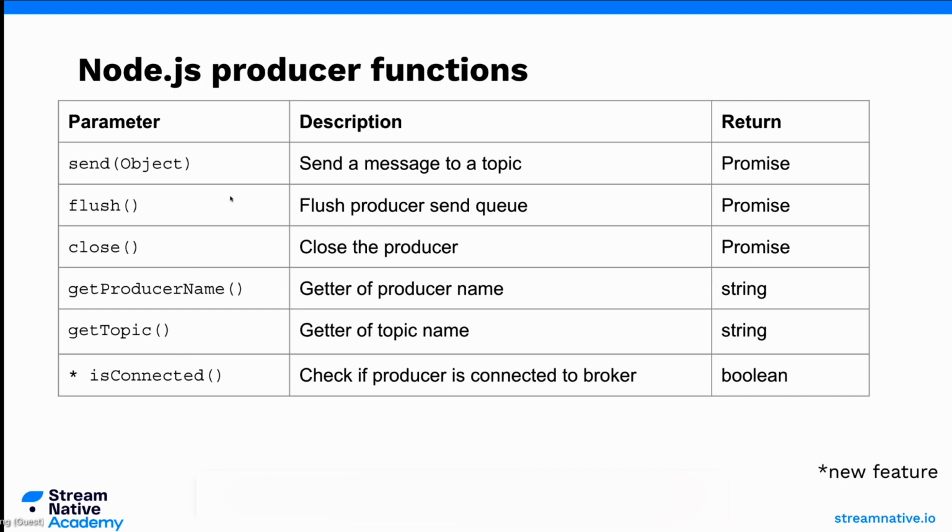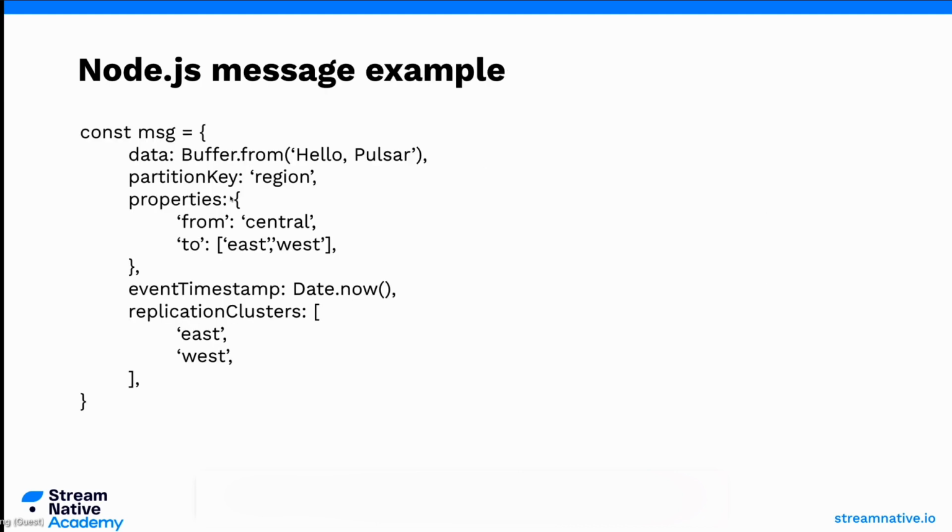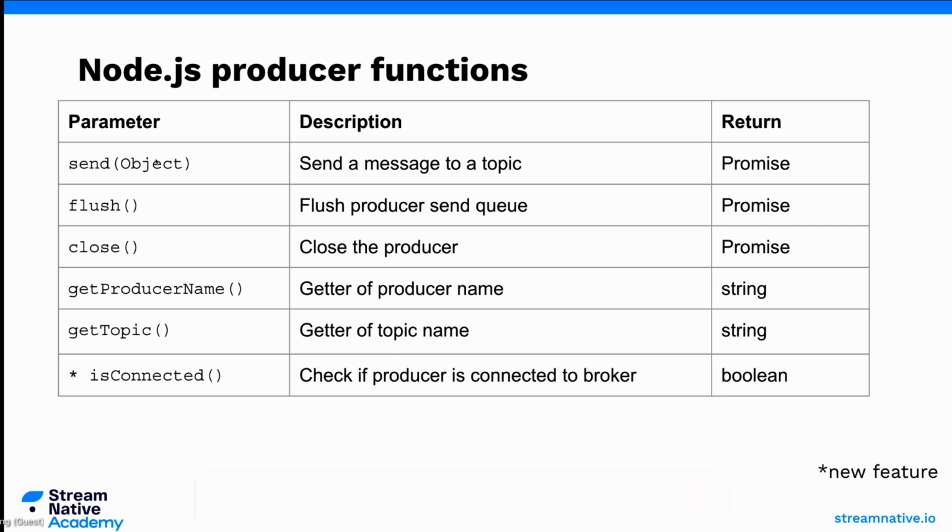Actually, you can send multiple. If you create 5 messages, you can send message 1, message 2, message 3, and you can tell it, okay, after 3 messages I want to flush. It will flush the messages to the broker. It will send 5 messages back to the broker.